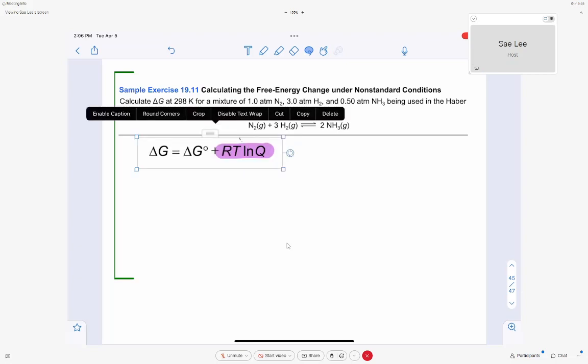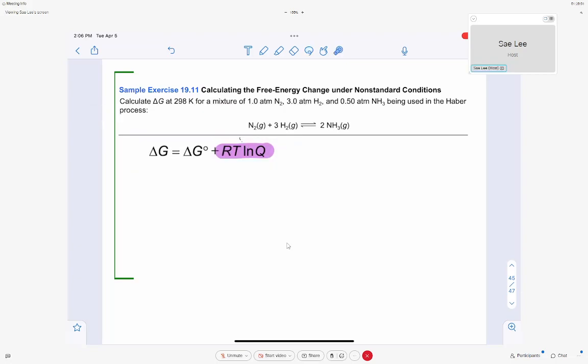I'm going to read the question. Calculate delta G, non-standard Gibbs free energy, at 298 Kelvin for a mixture of 1 atm nitrogen, 3 atm hydrogen, and 0.5 atm ammonia being used in the Haber process.